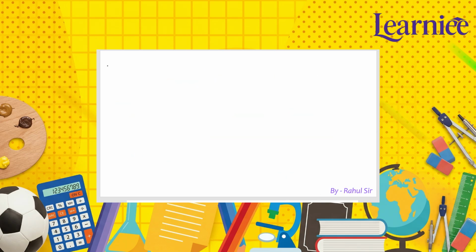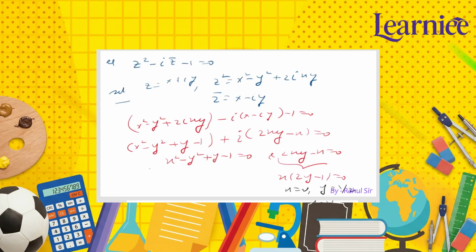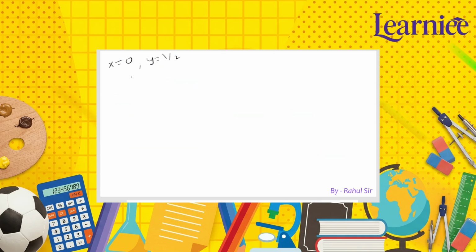So we have two cases. The equation is x square minus y square plus y minus 1 is 0. Let's take case 1, x is equal to 0. If I take x is equal to 0, I will get y square minus y plus 1 is 0.